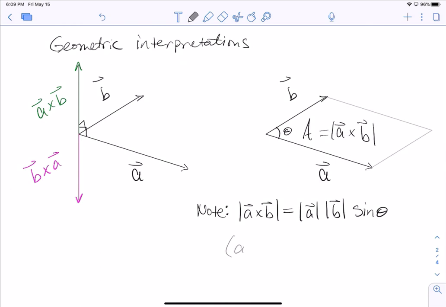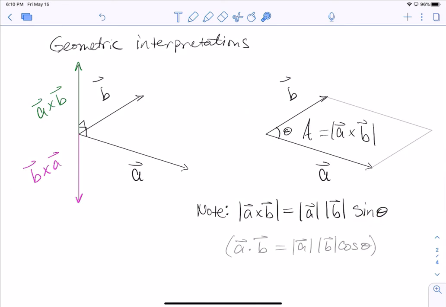You may recall that the dot product, A dot B, is equal to the magnitude of A times the magnitude of B times the cosine of the angle between them. Don't confuse the two. The cosine goes along with the dot product. The sine goes along with the cross product.